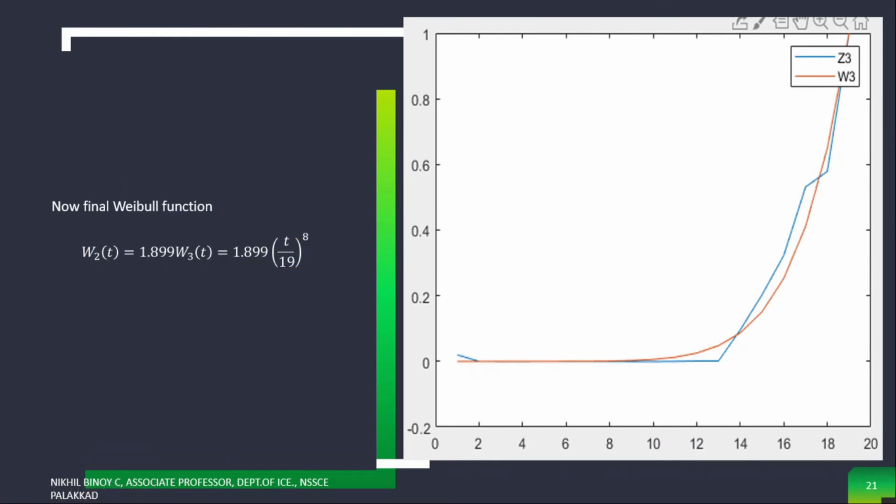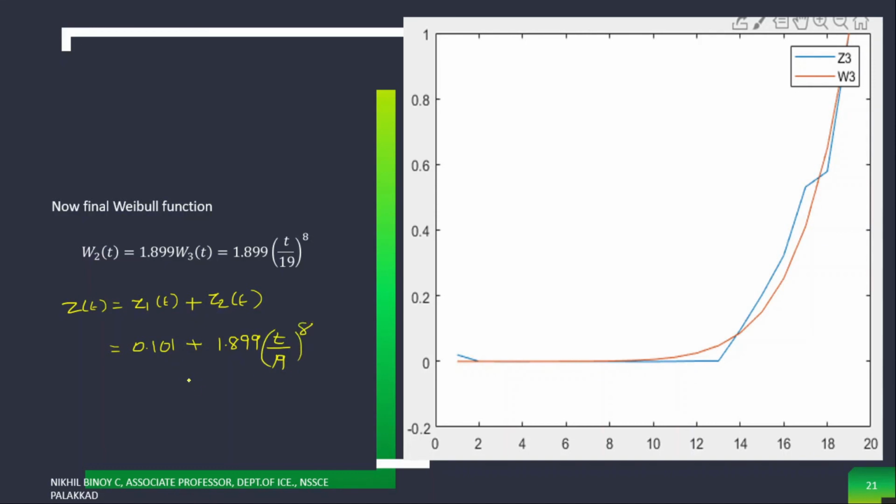W2 of t is equal to 1.899 into t by 19 raised to 8. So now what about our original model? The original model Z of t is equal to Z1 of t plus Z2 of t, where Z1 of t is 0.101. Now we represent Z2 of t by using the Weibull model, W2 of t, equal to 1.899 into t by 19 raised to 8.